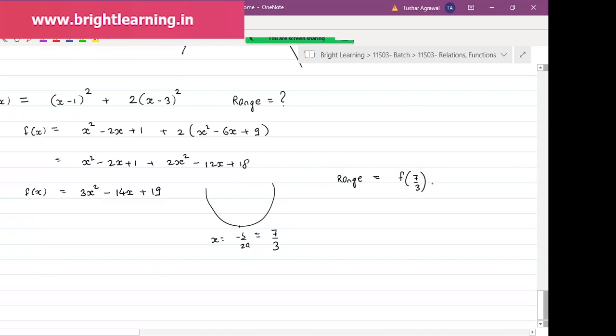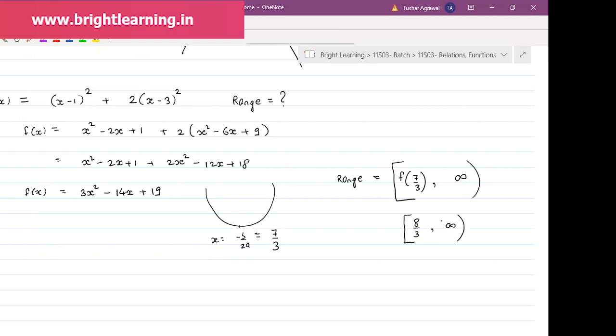And the maximum value will be infinity. So just do the calculation. If my calculations are not wrong, f of 7 upon 3 turns out to be equal to 8 upon 3, and this infinity is as it is. This is the answer as per my calculations. Make sure you get the same answer.